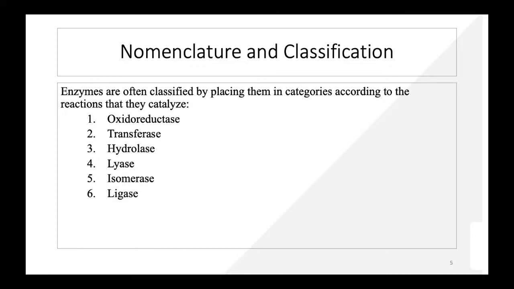So let's start with how we can classify and give names to these enzymes. Basically, we categorize them into 6 classes: oxidoreductase, transferase, hydrolase, lyase, isomerase, and ligase. That we have discussed in our first slide: how much percentage they are used in industry, how important they are. But we need to understand these 6 classes and their importance from the reaction point of view in our body.